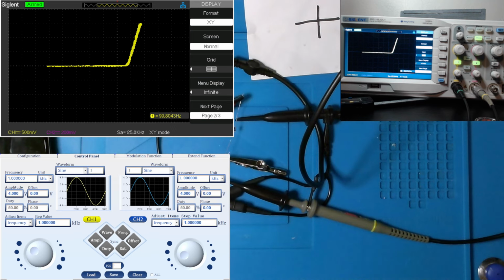Let's swap it out for, what's the other one I got? A 1N5819 Schottky diode. So let's try that.